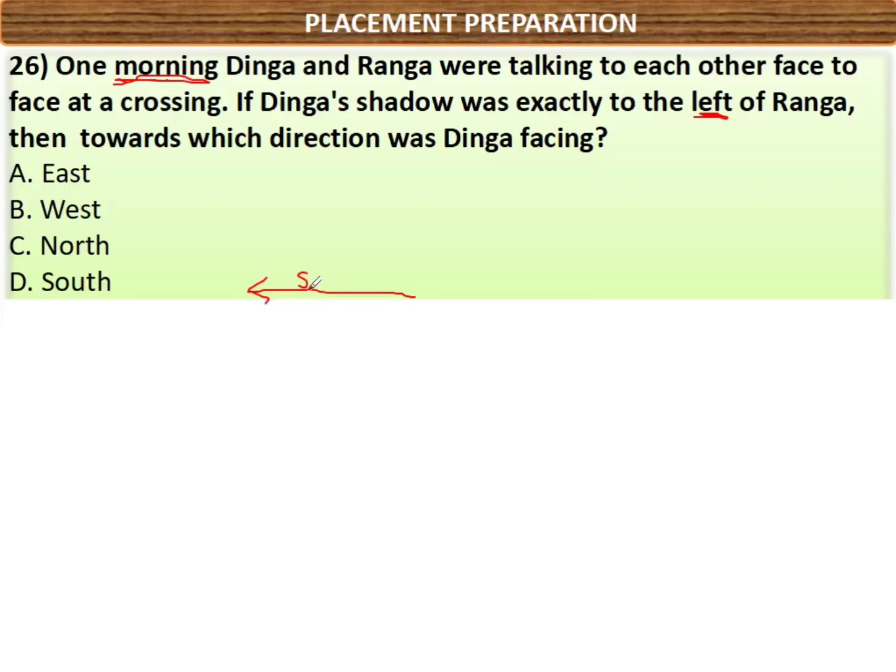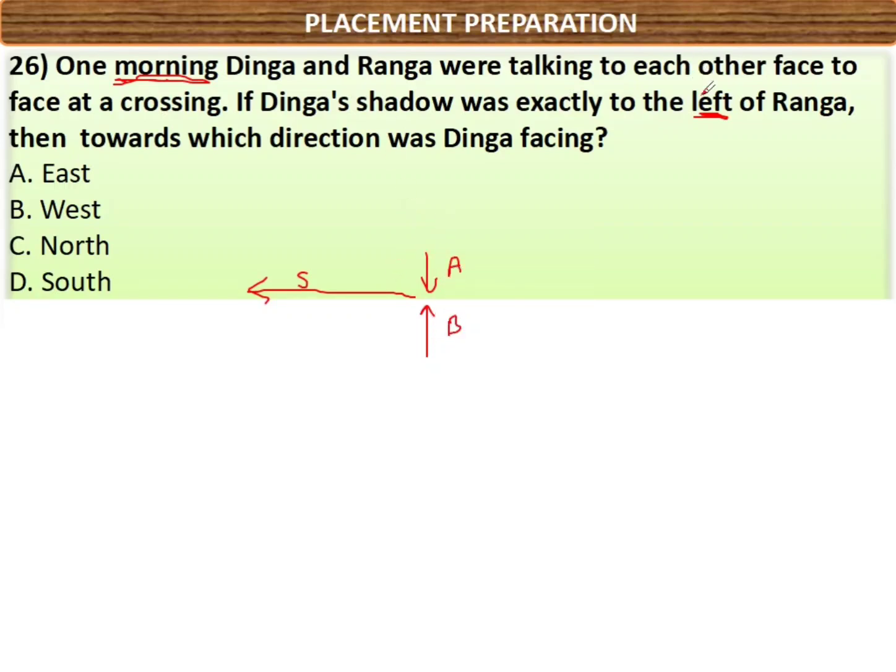Now, after writing this, simply draw two opposite lines like this, A and B. I'll repeat. First step, see whether it is morning or evening. Morning time, shadow will be towards the west side. This is the shadow. Then simply draw two lines, A, B. Now go to the next point.